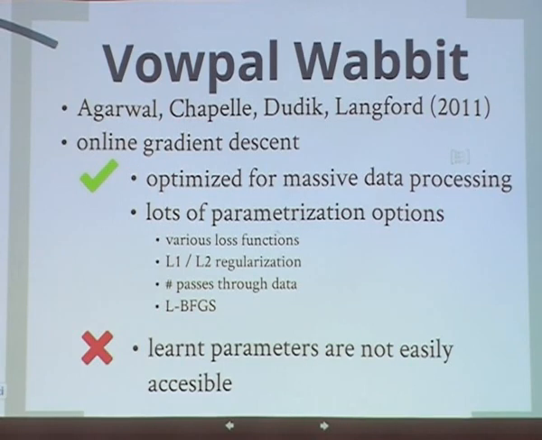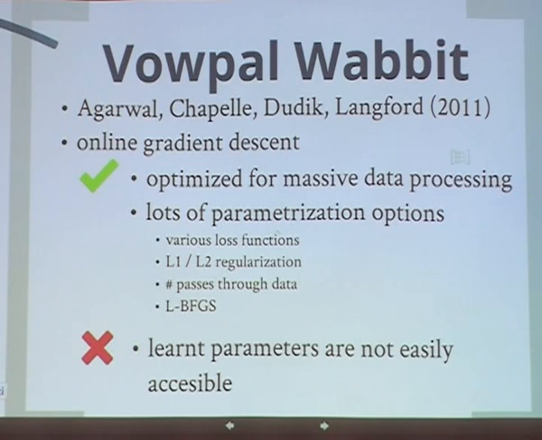It means that you just present this algorithm with instances, with examples, and at any time you like, you can take this model and use the parameters trained. So you don't have to have all the data at the beginning and then train on all data and iterate over it.